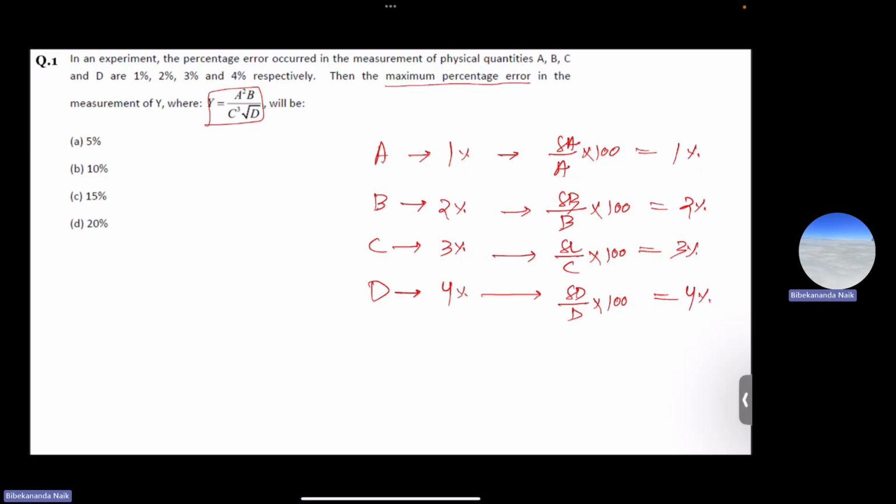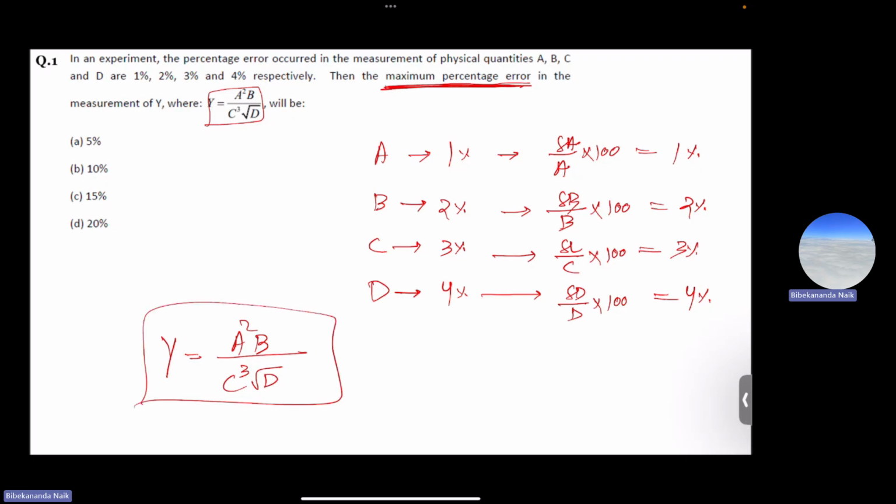These are the information given in this problem, and we want to calculate the maximum percentage error of the quantity Y, where Y is A squared B divided by C cubed D to the power half. So what is the percentage error in the measurement of Y? I'll give you a few minutes to solve this question, and then we will discuss the correct answer.